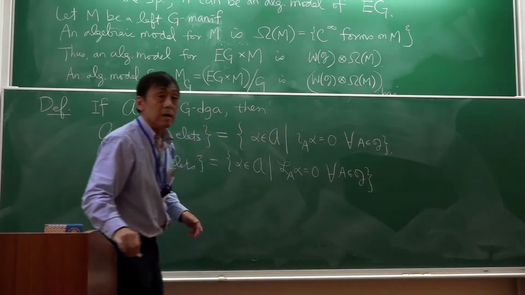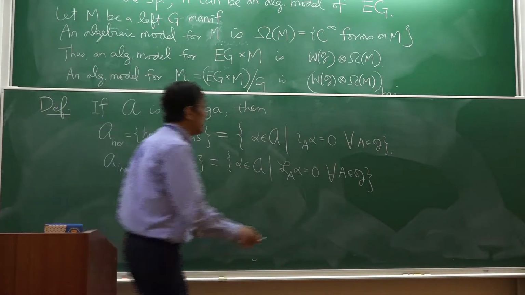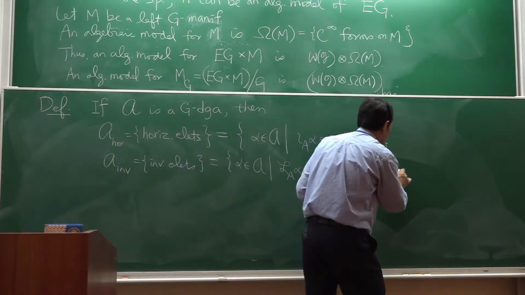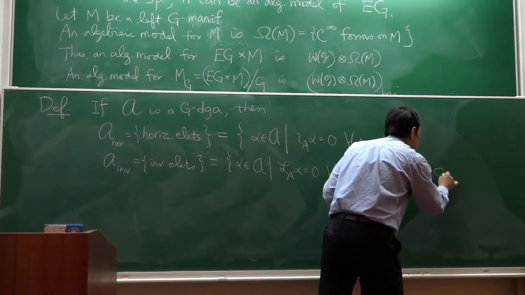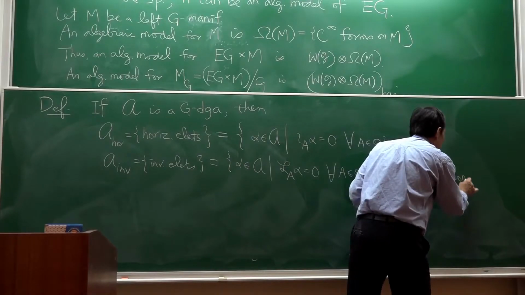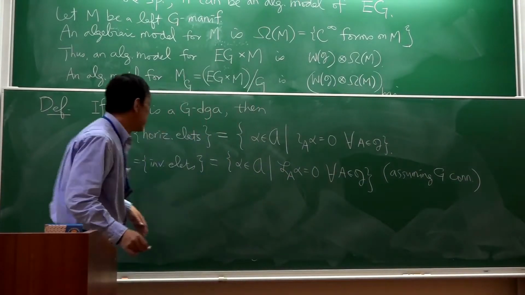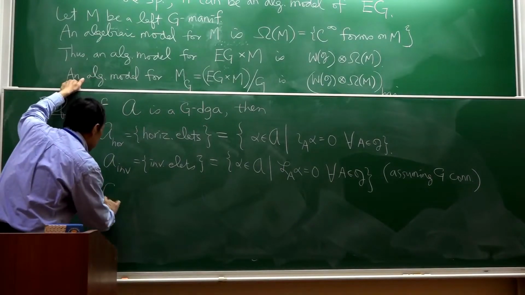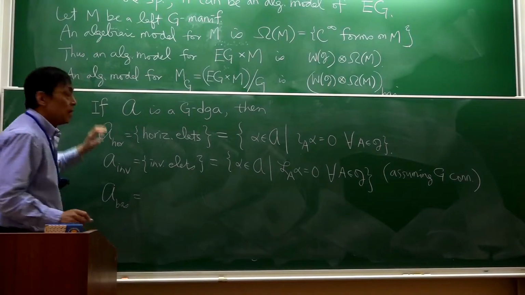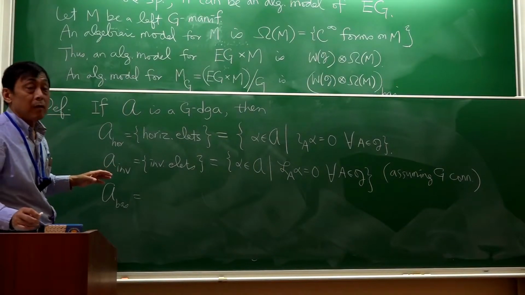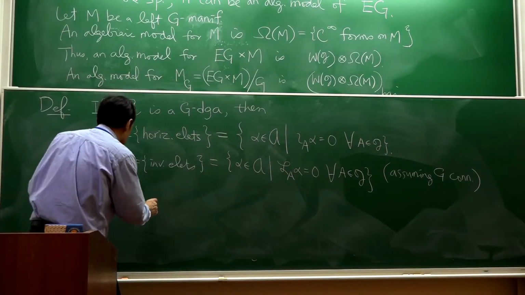That's assuming that G is connected. Assuming that the group is connected. Okay? And then the basic elements are elements that are both invariant and horizontal.